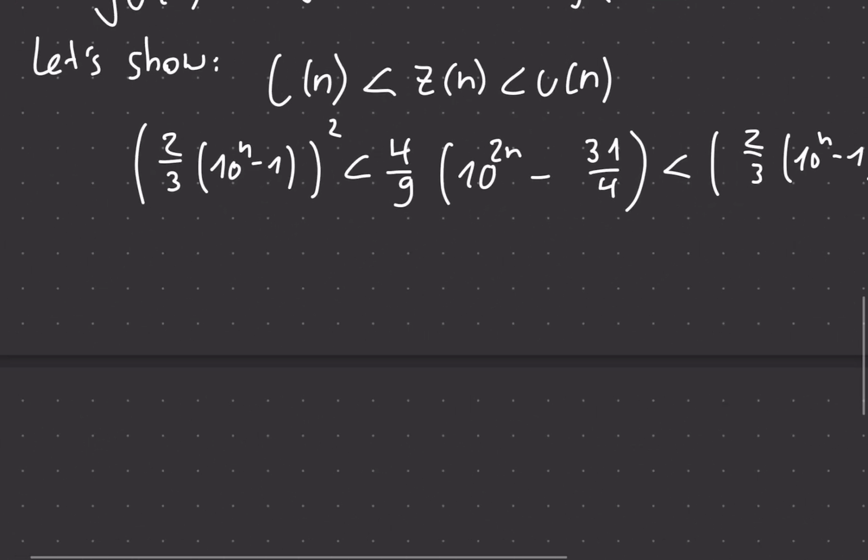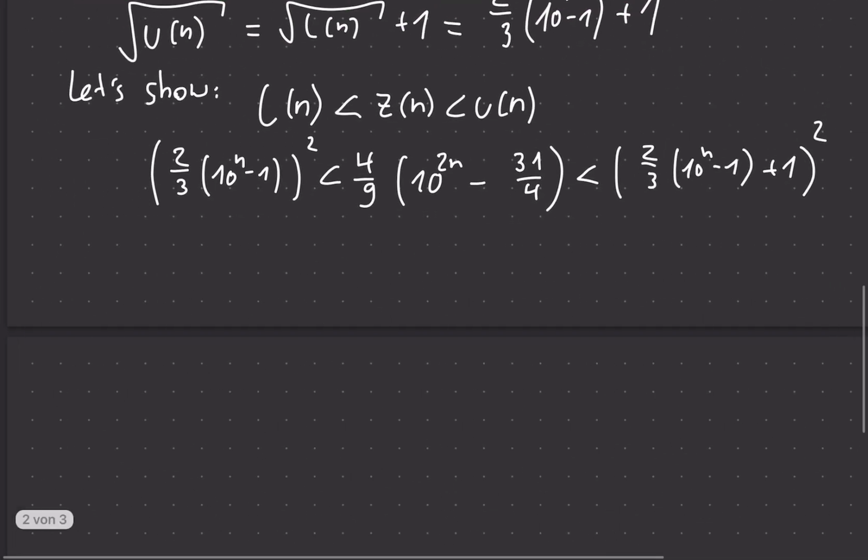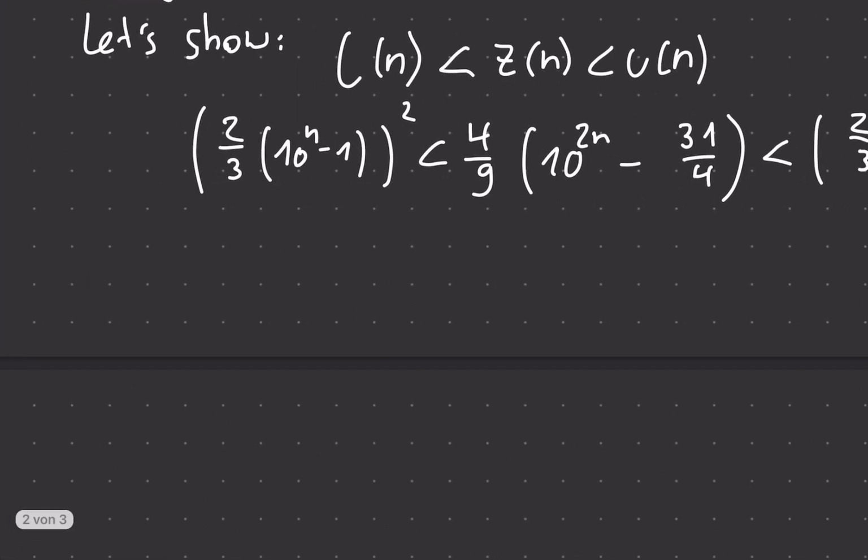So let's expand the left side first. We have that 2/3 squared is 4/9, and then 10 to the n minus 1 squared, we can just do the binomial theorem real quick to get 10 to the 2n minus 2 times 10 to the n plus 1.